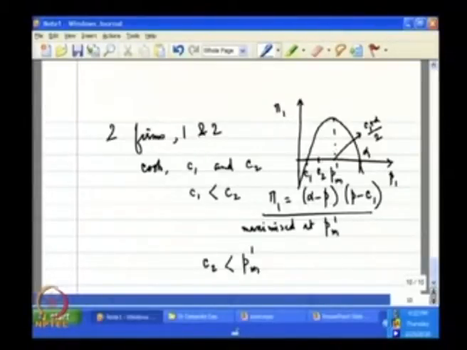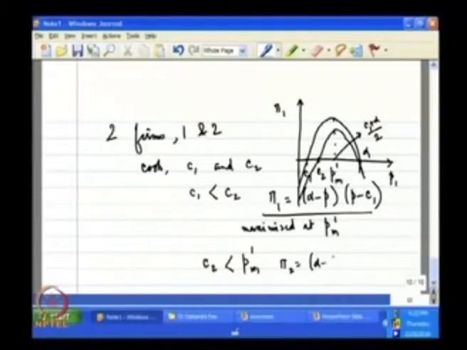Notice that if I have to draw firm 2's profit function, then that profit function is going to intersect the horizontal axis once again at the point alpha, because what is pi 2?